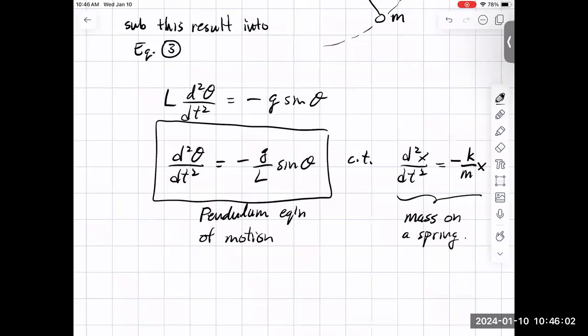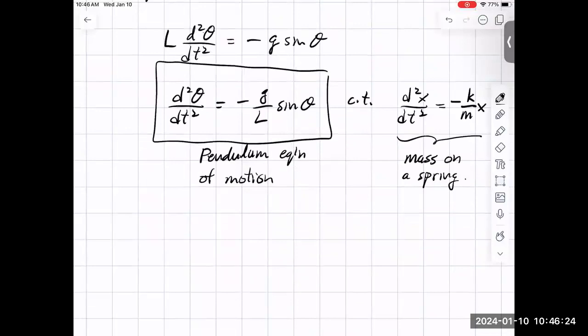But whatever, two derivatives of something equals minus some constants, either g over L or k over m. But then the difference is, for the mass, we just had an x on the right-hand side, and for the pendulum, we have sine theta instead of just a theta. So they're still a little bit different because of this trig function that we have here.